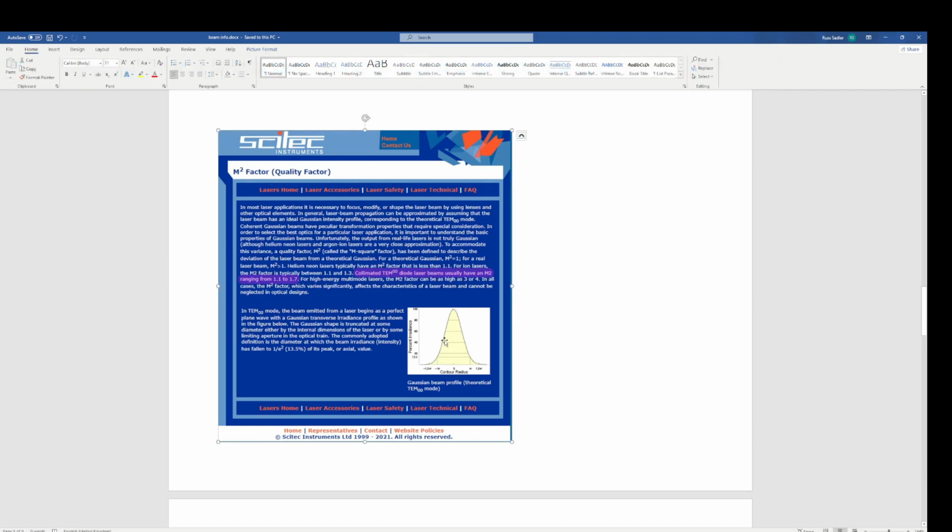So here we are at 13.5% of the peak intensity value, and this is the diameter that the manufacturer claims is the beam diameter. As you can see, it's not the full extent of the beam diameter, it's just a useful proportion. Right down at this lower part of the intensity distribution, you can still do damage to material. It just takes longer and longer and longer.